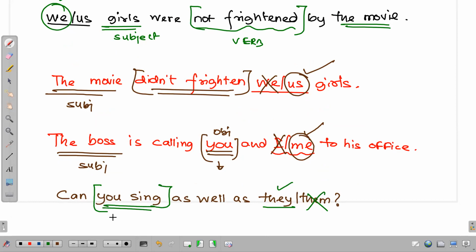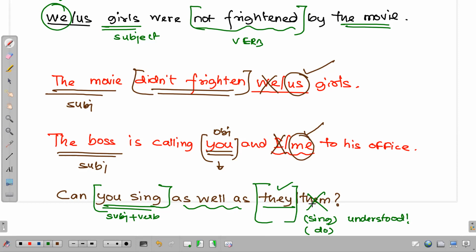See, you sing is the clause because you is the subject, sing is the verb. So can you sing as well as is the comparative, as they sing or they do. This sing or do does not necessarily need to be explicitly stated. It's obviously understood.